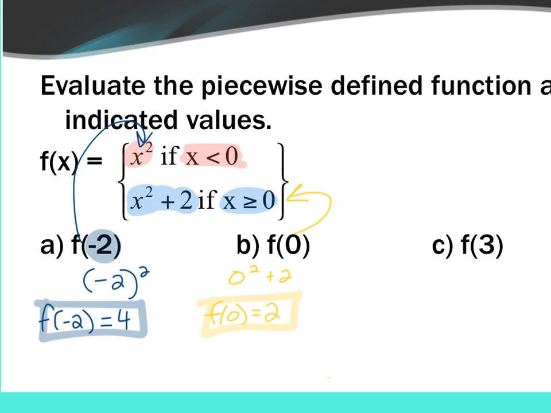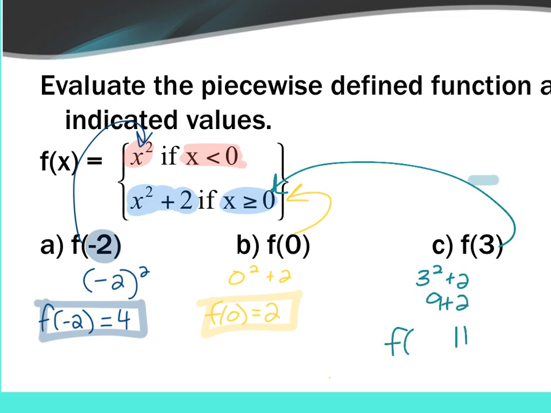Am I using the top one or the bottom one? Bottom. So I'd get 3 squared plus 2, 9 plus 2, which is 11. Easy stuff, right? Eventually we'll graph them and you'll learn that's a little bit more complicated, but for right now we're just plugging in.